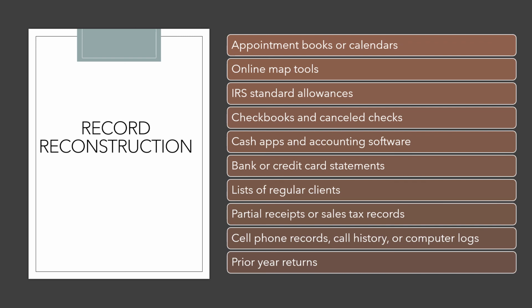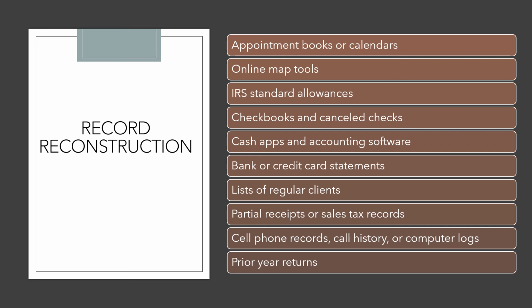Online map tools, the IRS standard allowances. Just like with car and truck expenses, if people aren't keeping receipts, that's fine as long as you can figure out how many business miles you had. You can take the standard allowance for mileage.